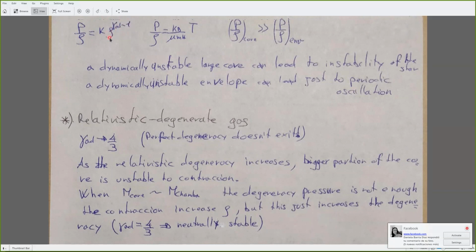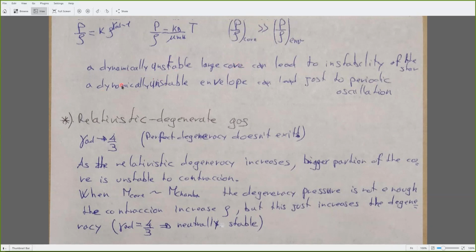So if you have higher density, it is higher. Or if you have a higher temperature, this value is higher. That means that in the core, this value is definitely bigger than in the envelope. That means that a dynamically unstable large core can lead to instability of the star.